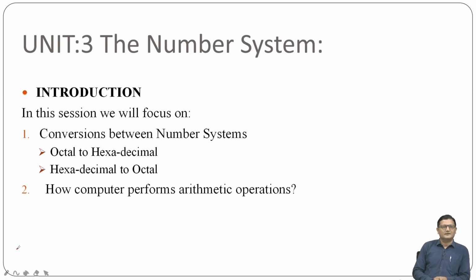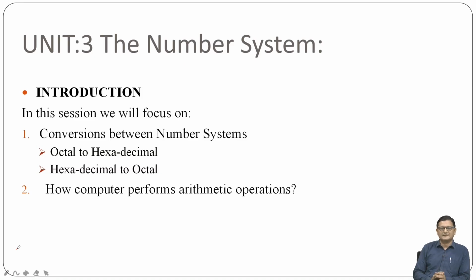Then the number system which we use for our day to day transactions is known as the decimal number system, right? In the decimal number system we are using 10 different symbols to represent a particular digit. Okay. Then one more number system is there which is known as the hexadecimal number system.